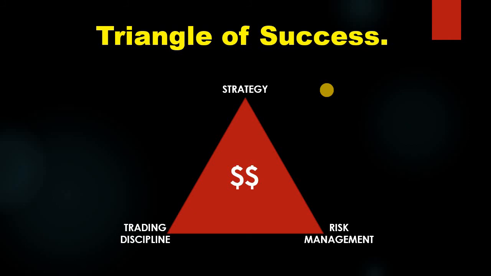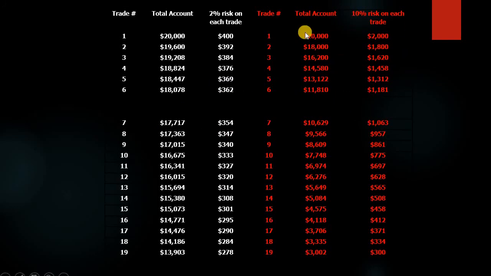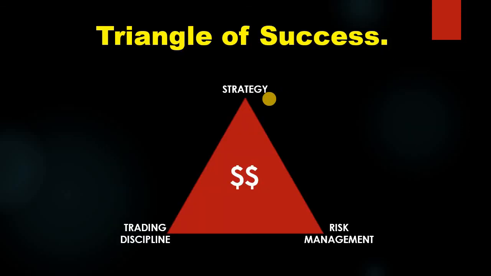And now, if your risk management is bad, like we have seen in this case, it means that after some time or very few number of trades, you are out of the market. It will not give you the opportunity to trade the number of trades that are needed for your strategy to play out.